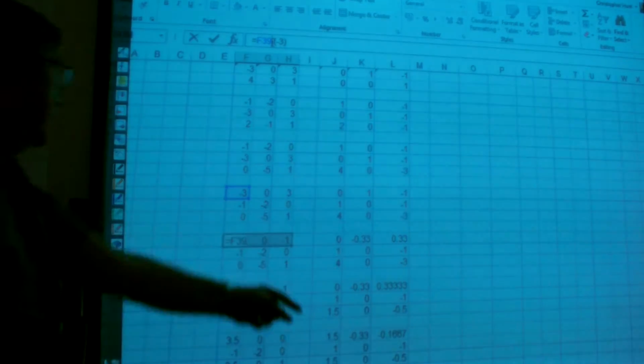So minus 3 divided by minus 3 becomes 1. I've got 0 in there, and 3 divided by minus 3 becomes minus 1. And I feel I'm making progress at this stage because I'm getting zeros appearing in my matrix.